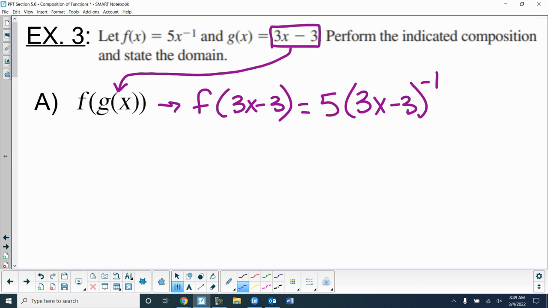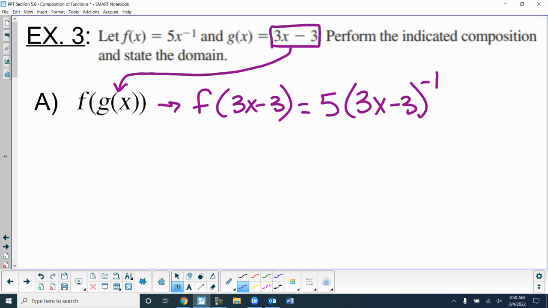Now, do you do multiplication or exponents first? What's the rule? Exponent. So, what do I do when I have a negative exponent? I change the sign to positive, but what do I have to do to that number to make it a positive exponent? Put a 1 over it, right?